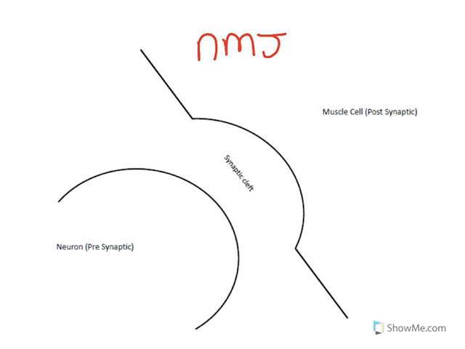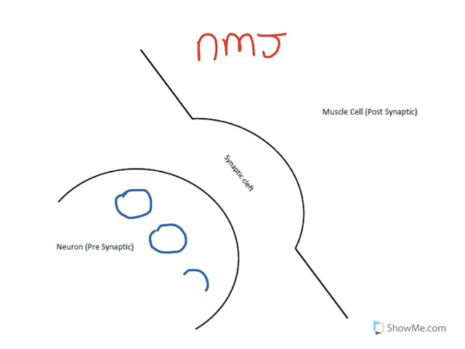If the two cells touched, we lose the efficiency of the action of the synapse, and most likely would not get binding of neurotransmitters. So when these two guys go to communicate, they use chemical messengers known as neurotransmitters. The neuron, known as the presynaptic cell, possesses neurotransmitters, and we're going to draw them in.